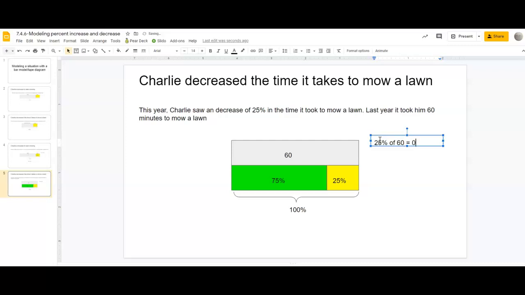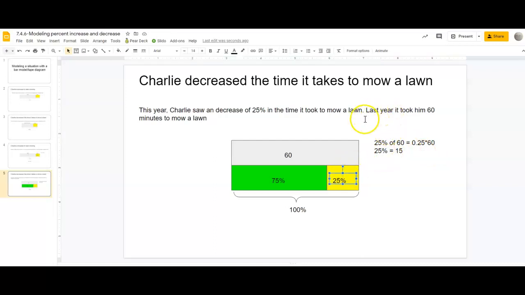And so I'm going to say that's 0 and 25 hundredths times 60, right? Now when we do that, I end up with 15 is equal to 25%. So there's my 15. That's this amount.